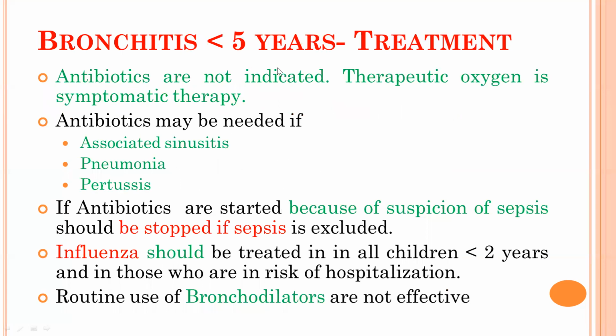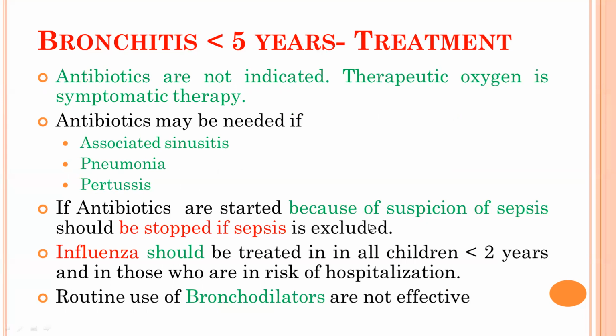Treatment of bronchitis in young children less than 5 years of age. Here also antibiotics are not indicated, and oxygen is symptomatic therapy. Antibiotics may be needed if there is associated sinusitis, pneumonia, or pertussis.